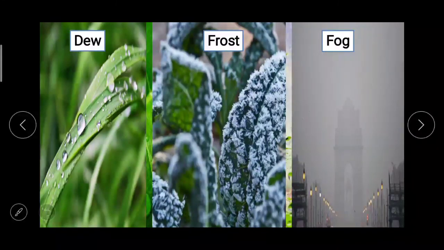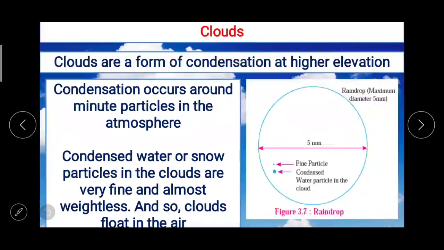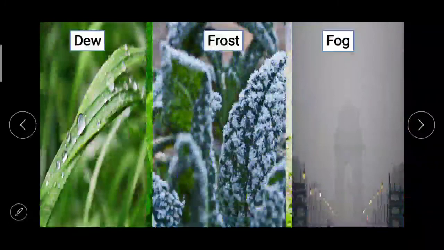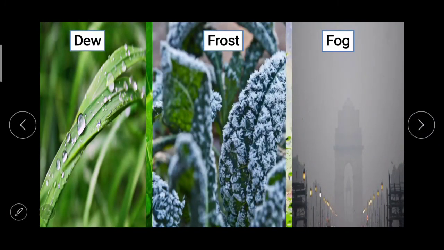When relative humidity of the air becomes 100%, vapor starts condensing, and at this time the temperature of the air should be at dew point.